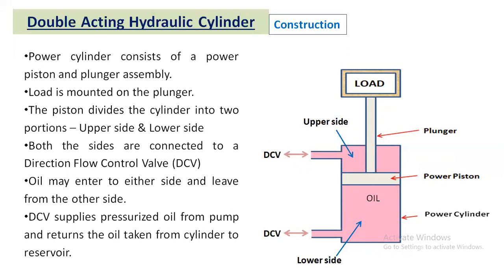The oil from direction control valve can come inside from one opening and oil from other side displaced by piston will go back to direction control valve, and from direction control valve it will go back to reservoir.